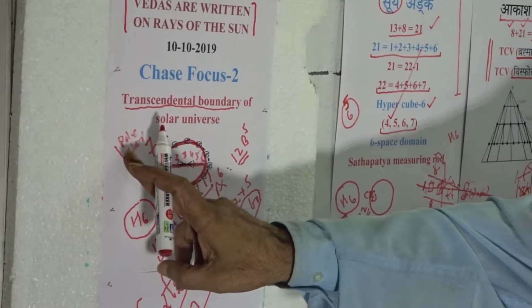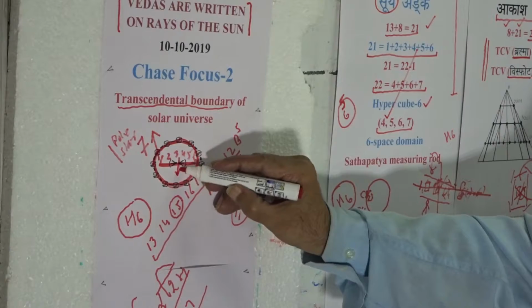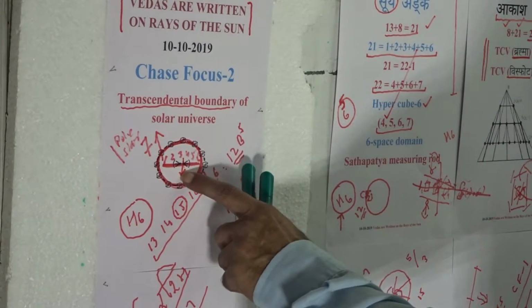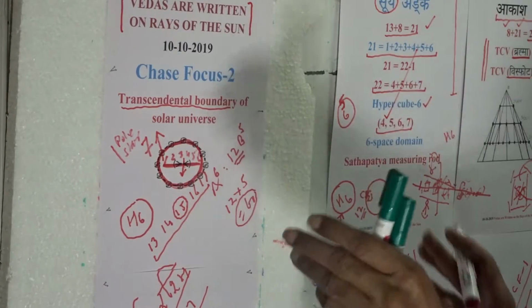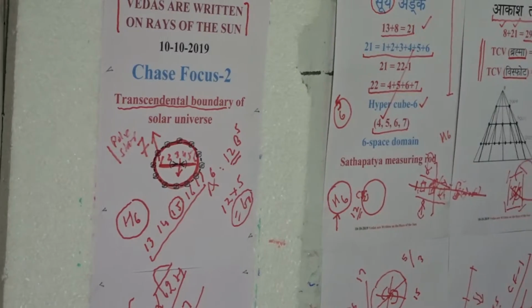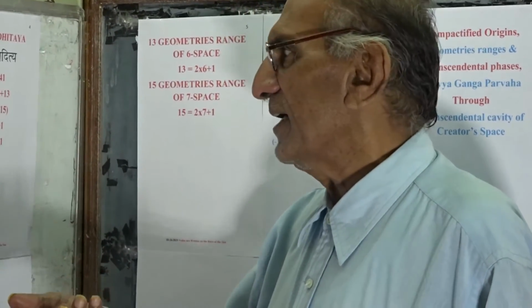Pole star is playing the role of an origin of a 6 space. So pole star is playing the role of origin of our solar universe. It is this feature which is to be appreciated and it is to be comprehended.